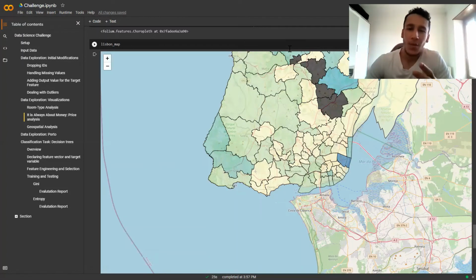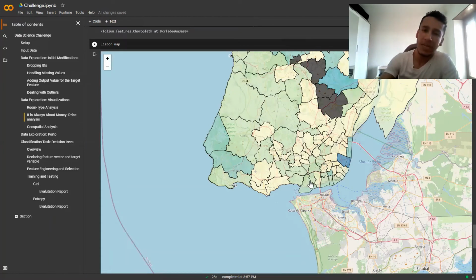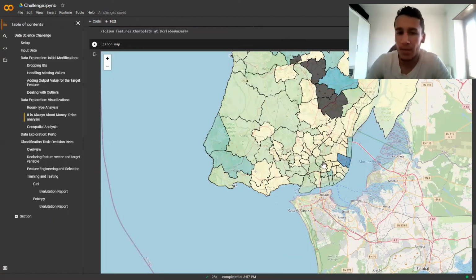We can note something: here in the center of Lisbon we have a lower mean value than the interior, and that's because, as we are going to see later in the geospatial analysis, here you have a lot of Airbnbs, so that brings the mean price down.